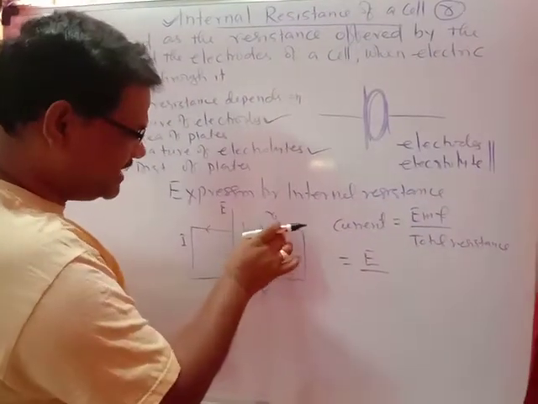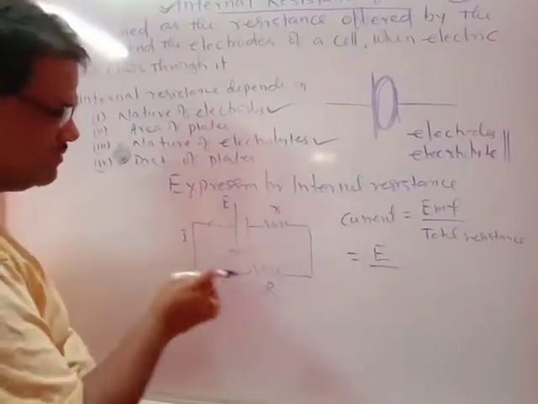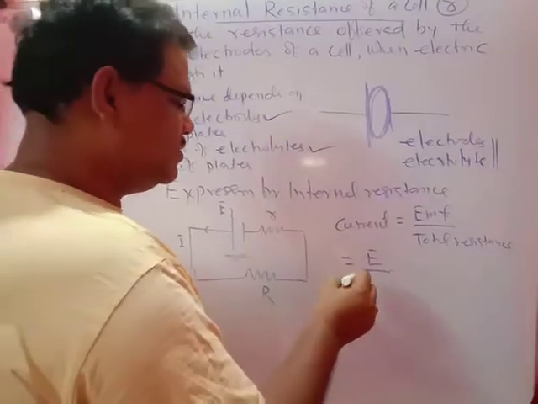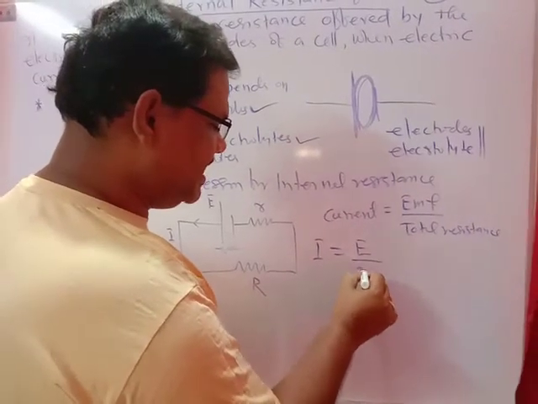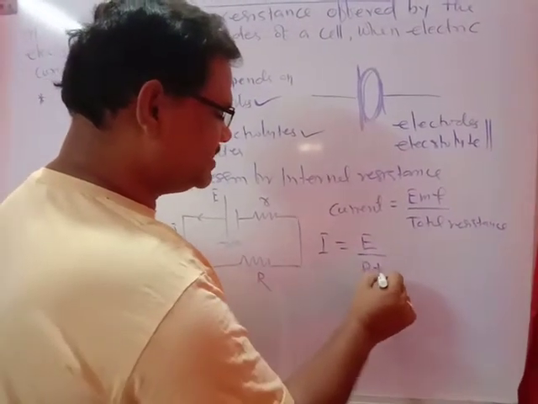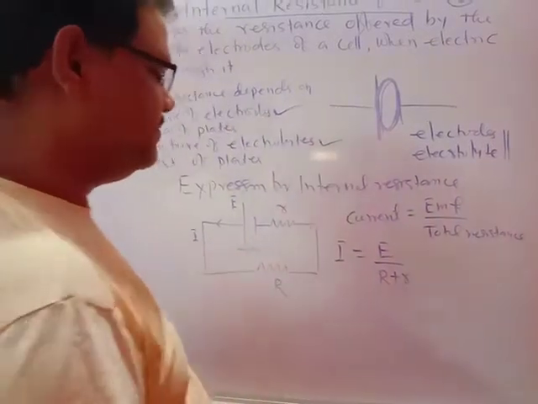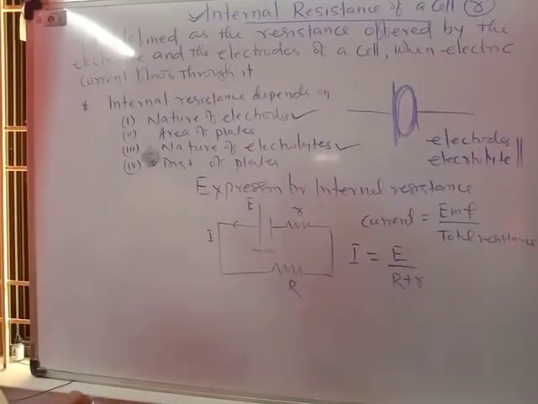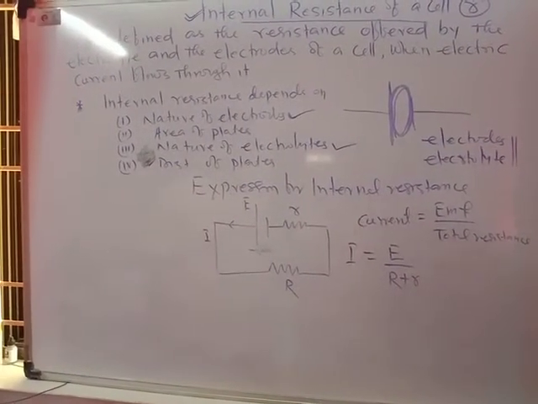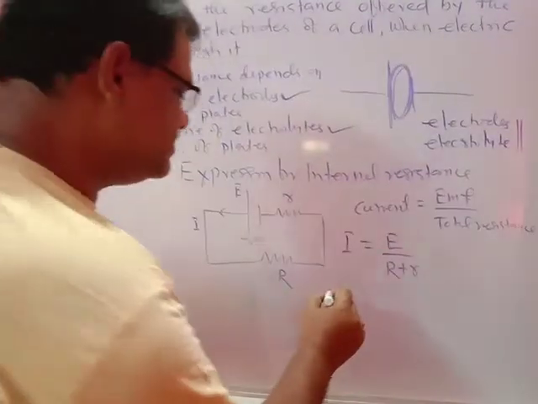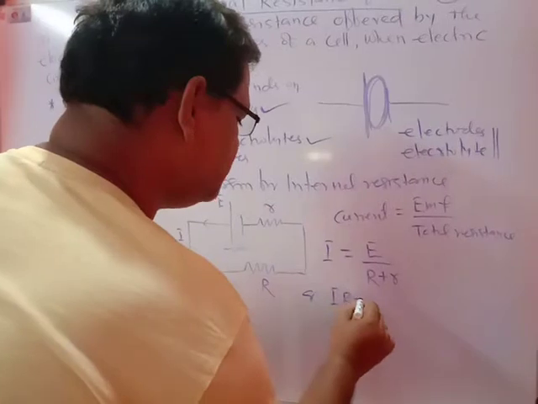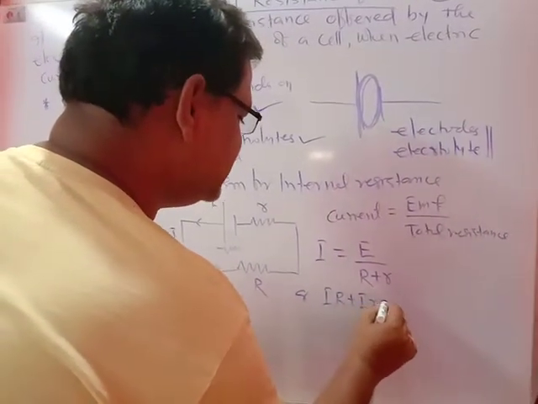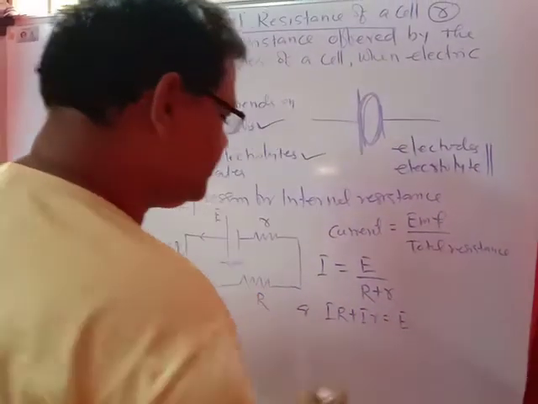This internal resistance is always connected in series with the load resistance. So I equals E upon capital R, the load resistance, plus small r, the internal resistance. I equals E upon R plus r. If you multiply it, you get IR plus Ir equals E.